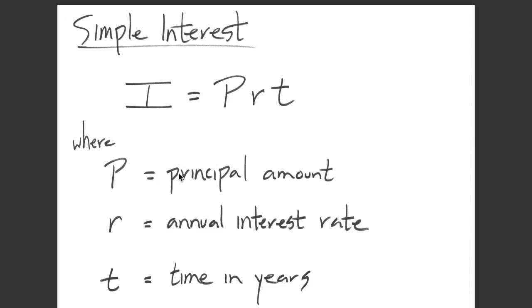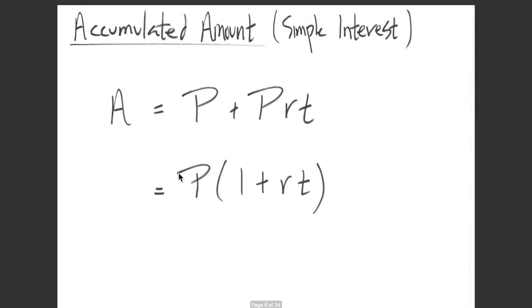And so that's just the principle of simple interest. So the accumulated amount would be your principal plus the interest earned. And so that would be P plus P times R times T. That's just the simple interest you've earned. And then you can factor the P out of that to get this expression here.